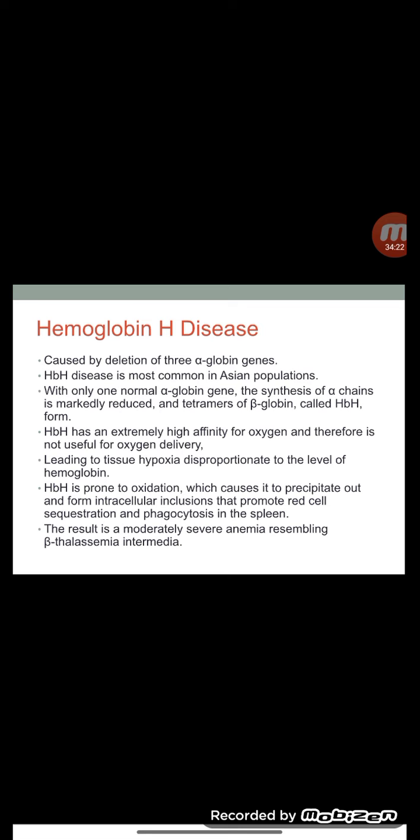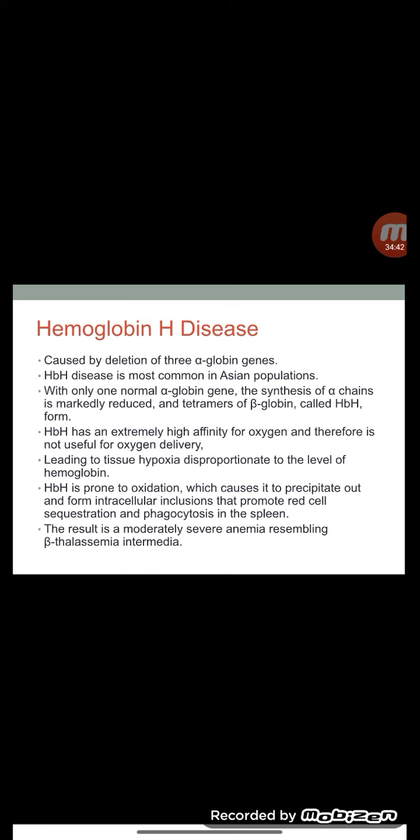Next one is hemoglobin H disease, caused by deletion of three alpha globin genes. HbH disease is most common in the Asian population. With only one normal alpha globin gene, the synthesis of alpha chains is markedly reduced and tetramers of beta globin called HbH form.